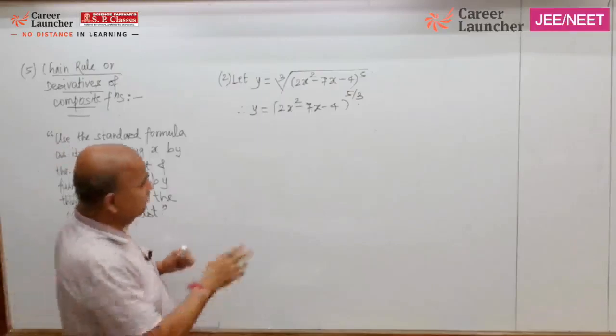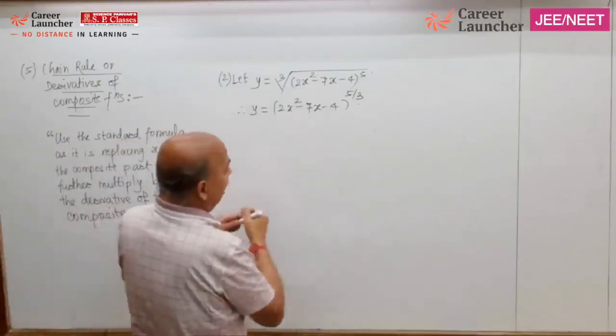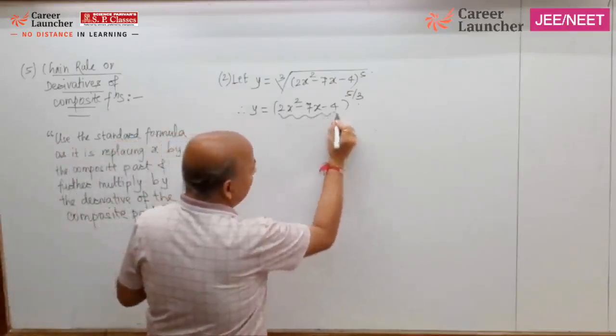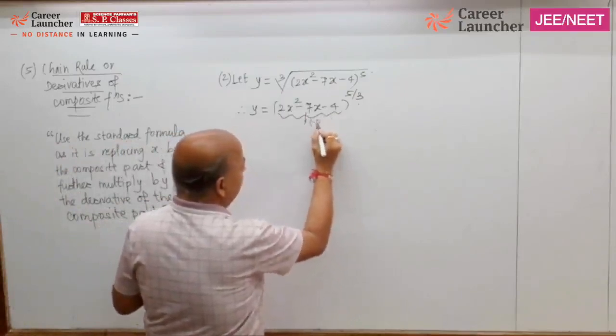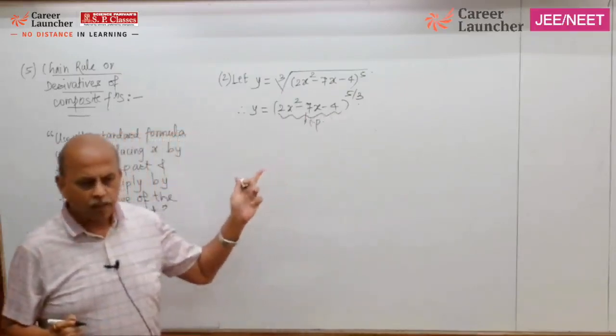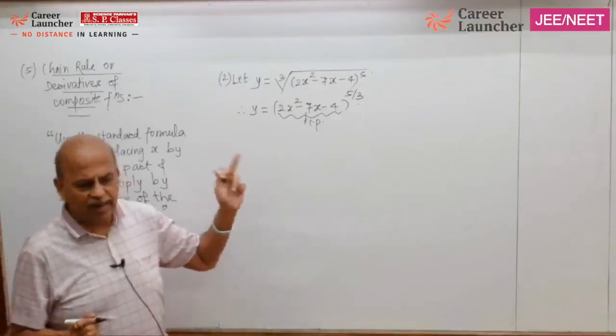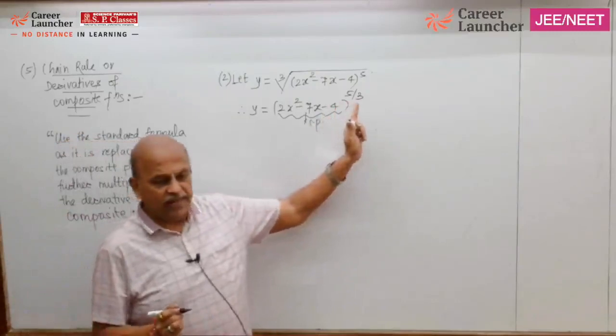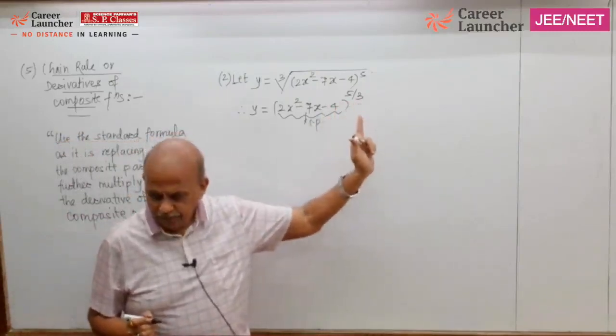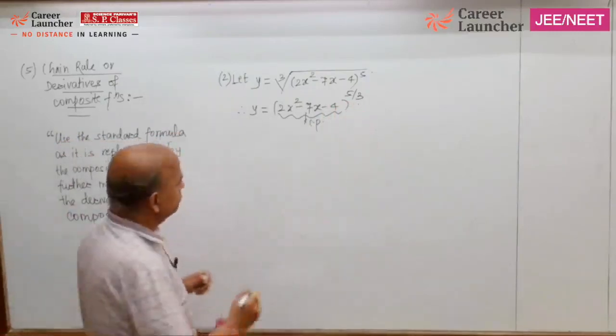We will first see x is replaced by what? X is replaced by this, no? So don't you feel this will become the composite part? Yes or no? Composite part is what? 2x square minus 7x minus 4. Value of n is what? 5 by 3. Getting it or not?